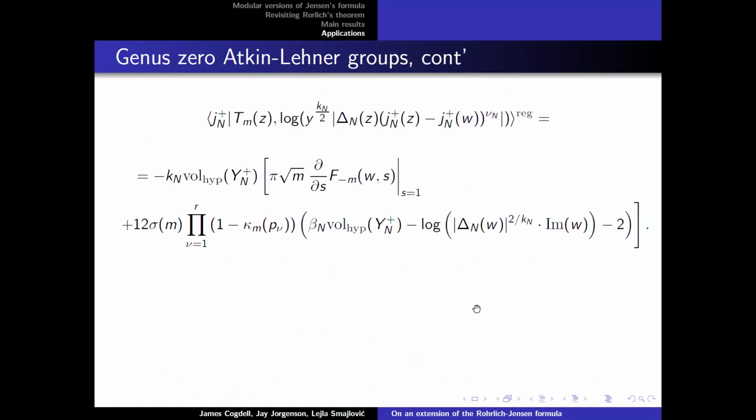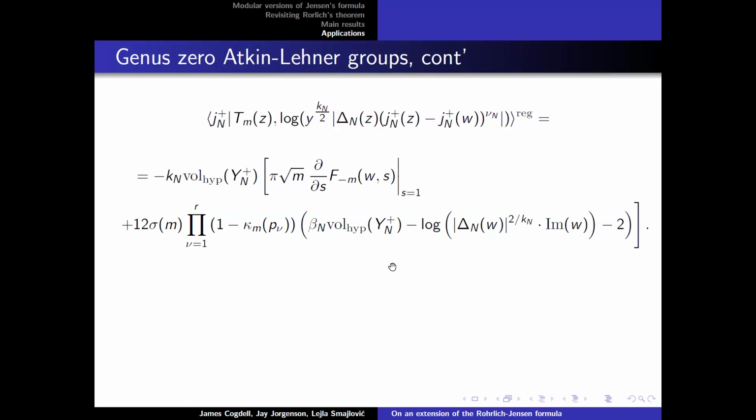Okay, so actually, in this case, we have a very explicit expression for the regularized inner product of the action of Hecke on J_n plus and the prime form, and it is given on this slide. I just want to say that it's explicit in terms of the Dedekind eta function, in terms of the derivative of the Niebur-Poincaré series at s equals 1, and all other terms depend simply on the level m.